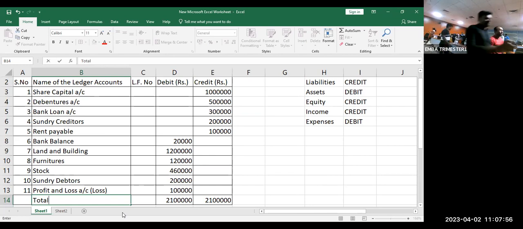Sir, can you please share this Excel sheet on the group? I have taken a picture. If you want, I can forward it to you guys. It's me, Venkatesh here.